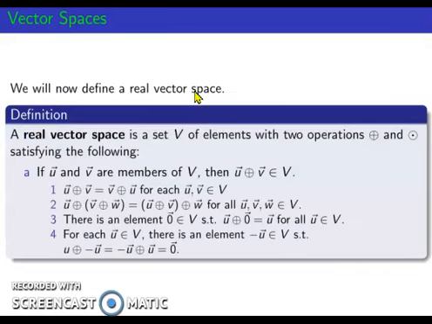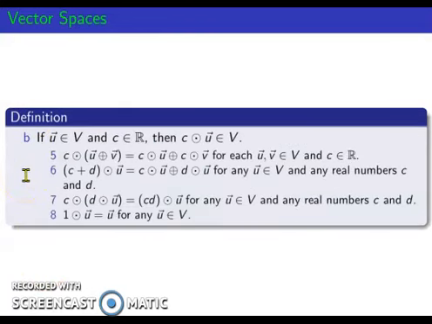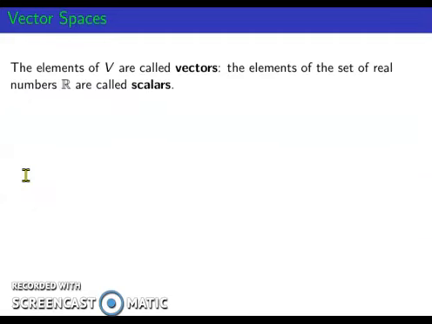Alright? So, 4 plus 1, so 5, and then plus 5 here. So, 10. Dapat kailangan masatisfy niya. The elements of the set of real numbers are called scalars. So, wala nang pagbabago dito, no?